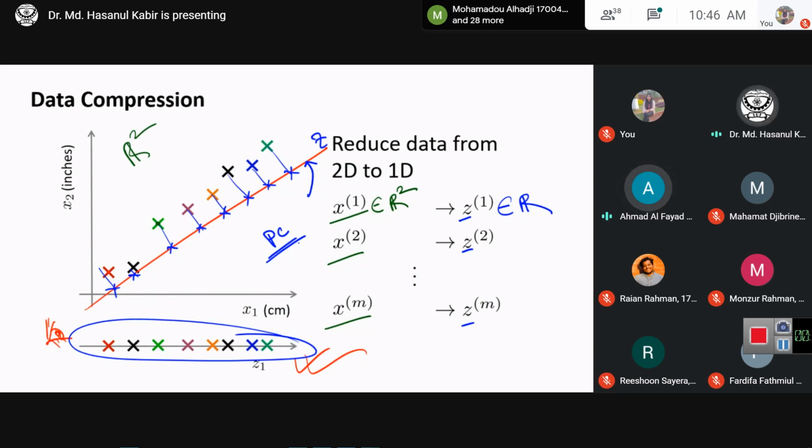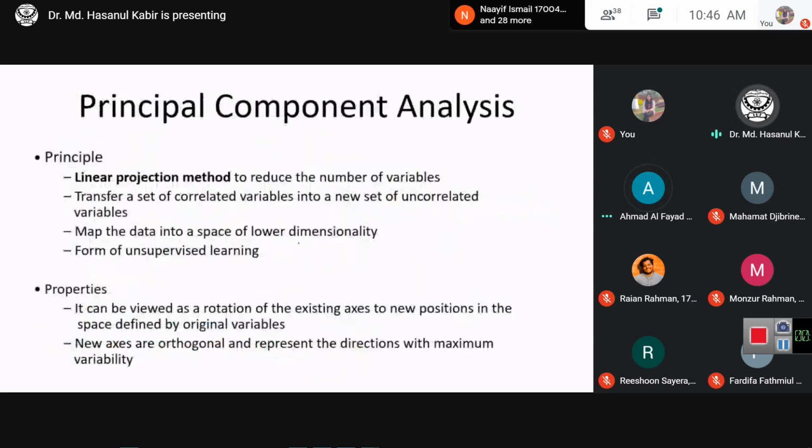Yes, sir, we're reducing one dimension. And second, did we reduce the feature dimension from 2D to 1D? Yes, sir. Did we do projection over here? Yes, we have done projection, right? And did we map from a higher dimensional space to a lower dimensional space? Yes, sir, we went from 2D to 1D.